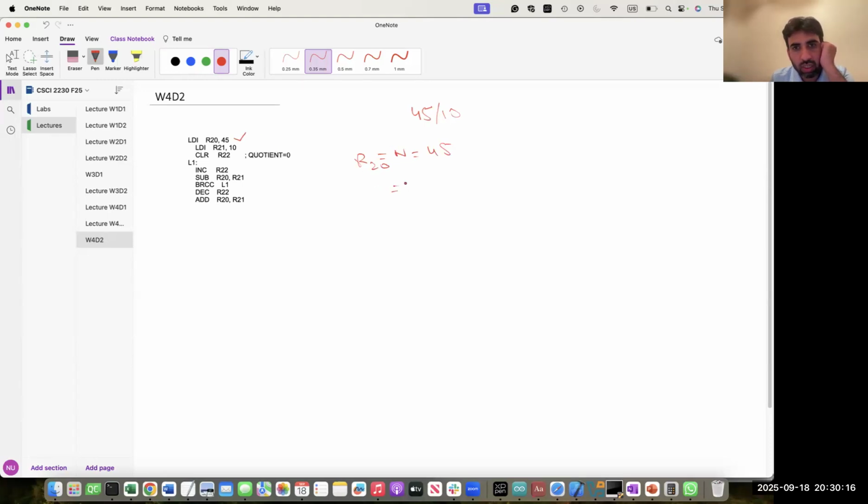Our denominator is 10, which we are putting in register R21, right? And then we would like to have our quotient in R22. I'm just writing Q for quotient. And we want to have the remainder in R21. No, not R21.